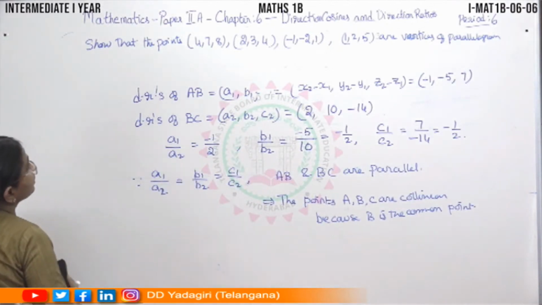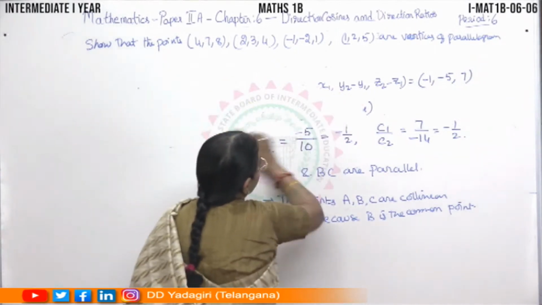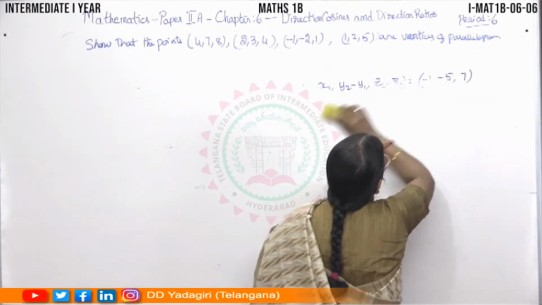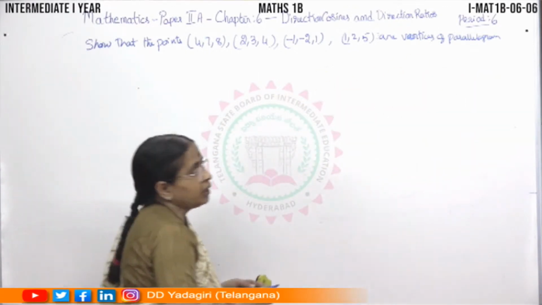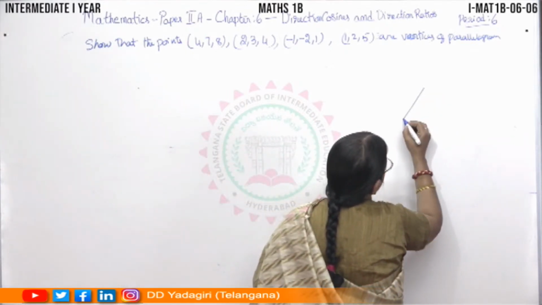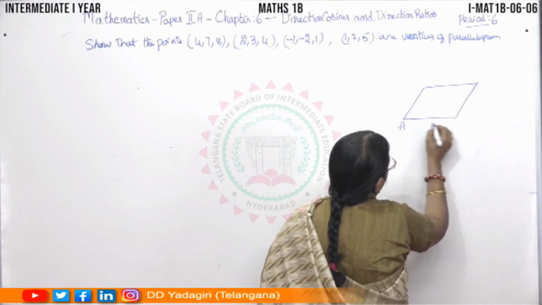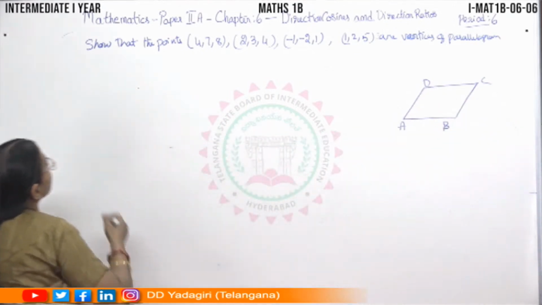So how we do it is, we'll take them as A, B, C, D, and then we'll find the direction ratios of all the sides AB, BC, CD, and DA. We know that in a parallelogram, the opposite sides are parallel. So if you just show that opposite sides are parallel, then they form a parallelogram.